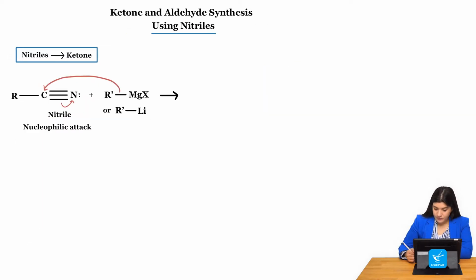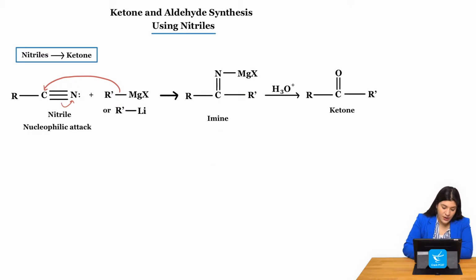Now, if we were going from a nitrile to a ketone, what happens is we start off with a nucleophilic attack where this is going to attach onto the carbon. These electrons will then go back to the nitrogen. By the way, we could have had either some sort of Grignard reagent, or we could have had another reagent in that case. We're then going to form an imine, and then the next step is to add acid, and that forms our ketone.